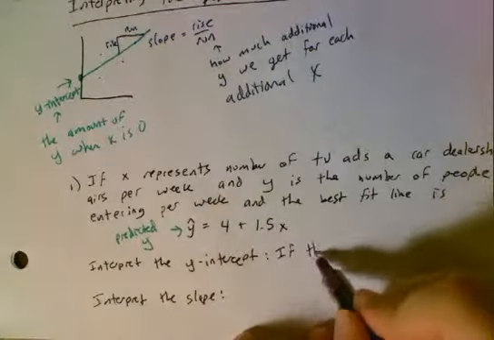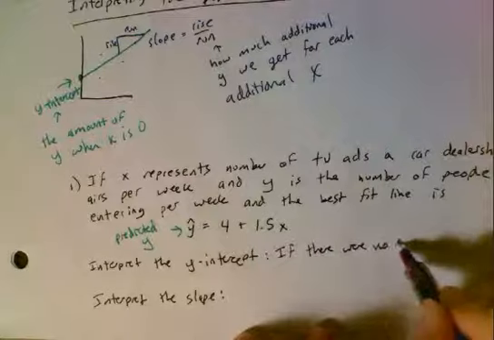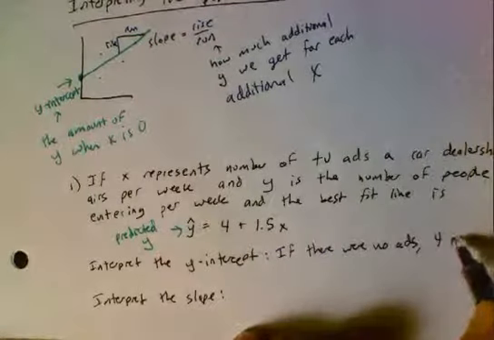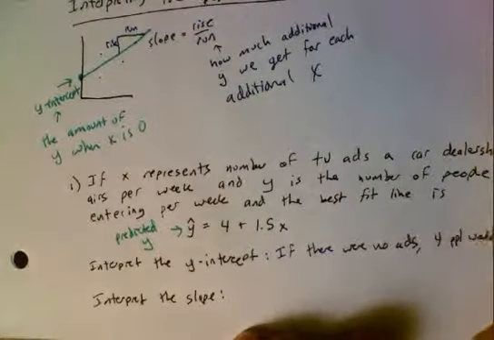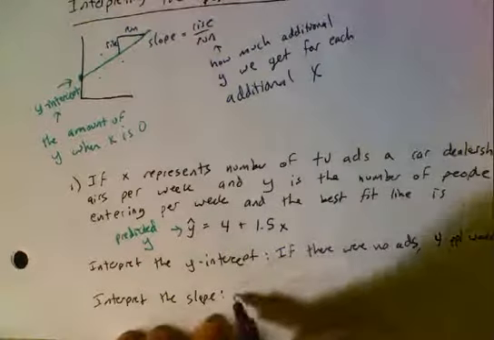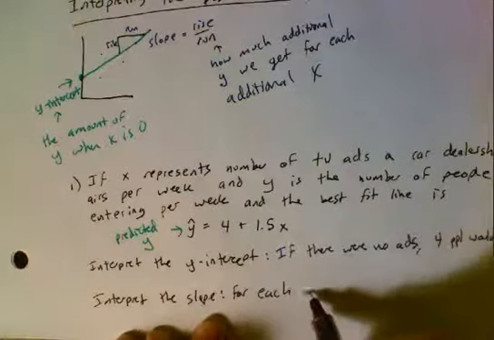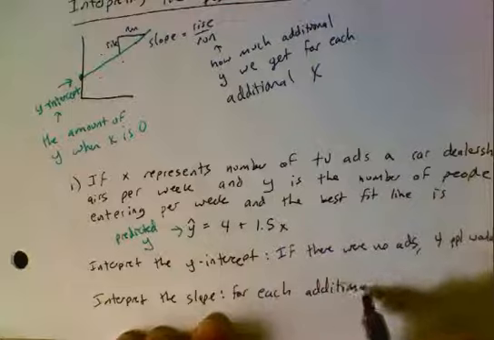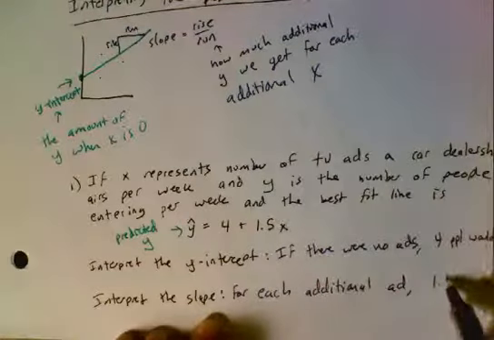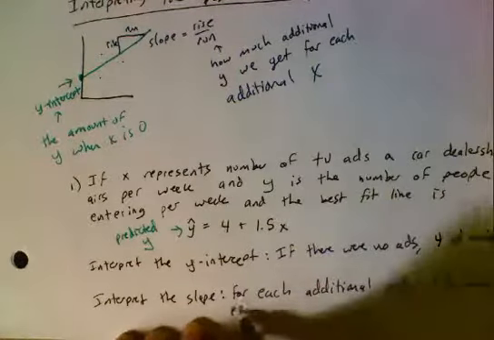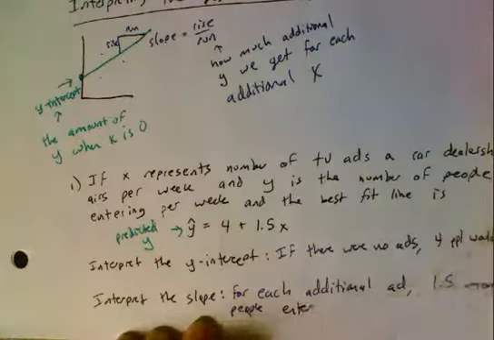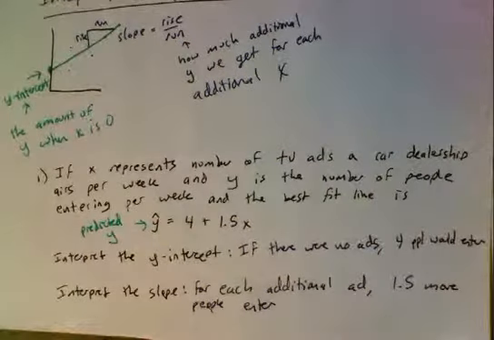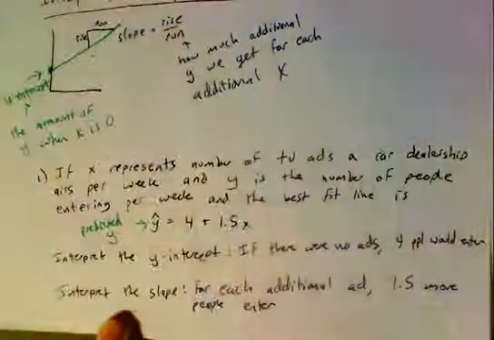So if there were no ads, 4 people would enter. The slope means that for each additional ad, 1.5 more people enter. And this is on average. Obviously, you're not going to have half a person walk in the door, but the general idea is that our best prediction for how many more people would be about 1.5. Obviously, we can see from the graph there's some variation around that.